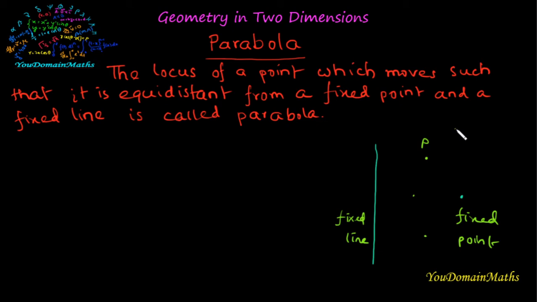These types of points form the locus. That means a set of points which satisfies a condition. That condition is that all points are equidistant from the fixed point and fixed line. That is called a parabola.